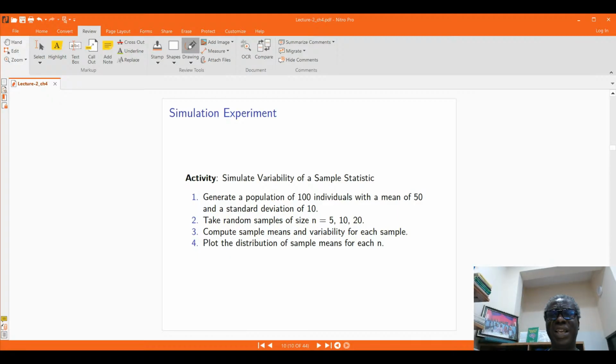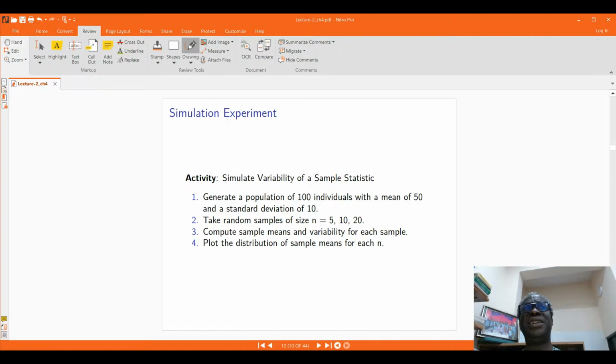So we have sample sizes 5, 10, 20. Then we will compute the sample means for each of them and also compute the variability for each of them.